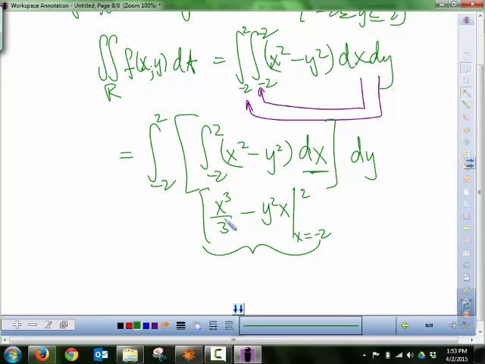So if we put a 2 in there, we're going to get 8/3 minus 2y squared, and then minus negative 8/3 plus 2y squared.